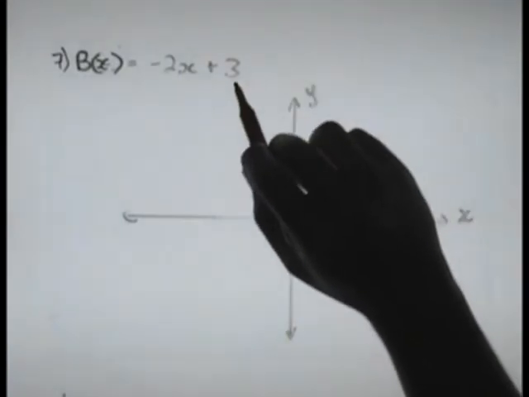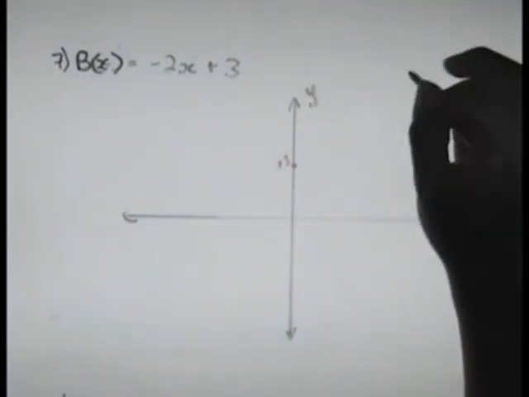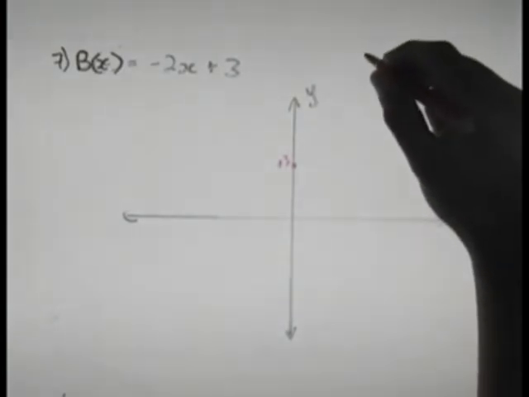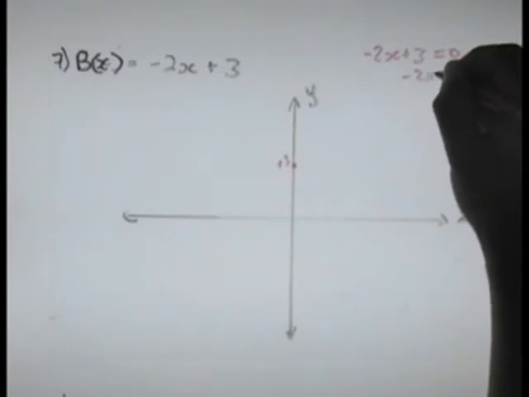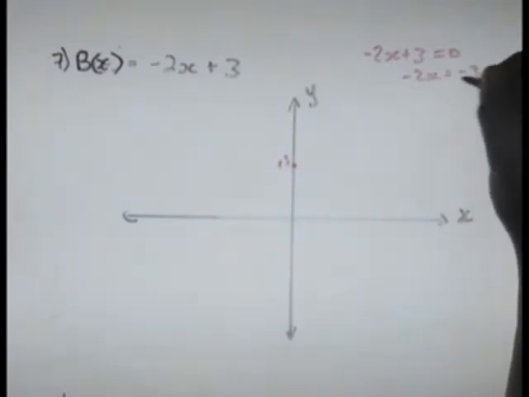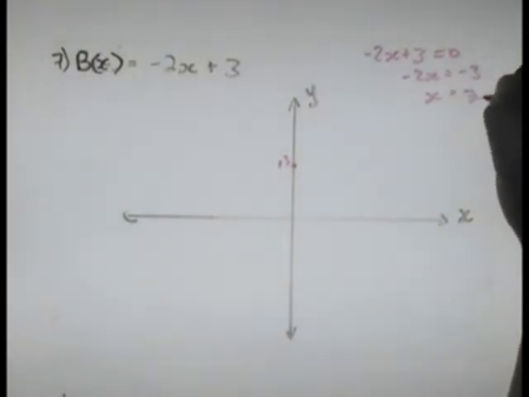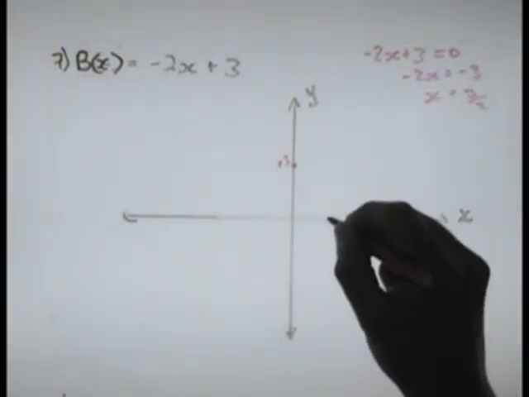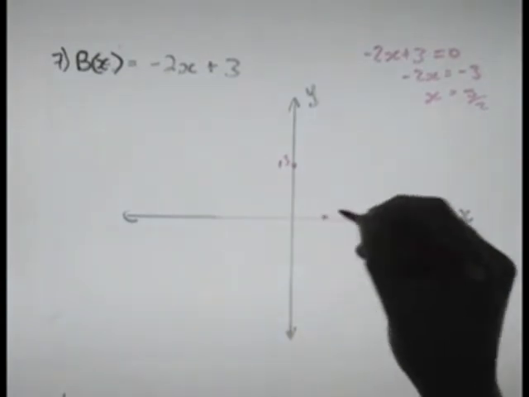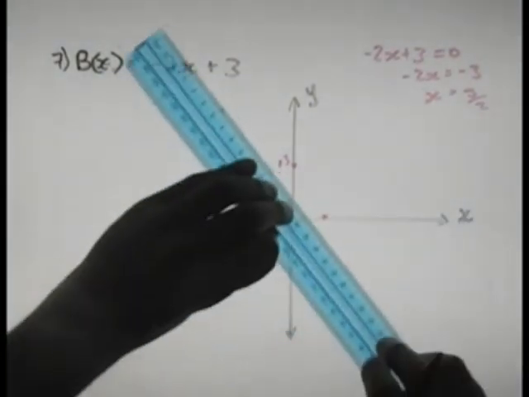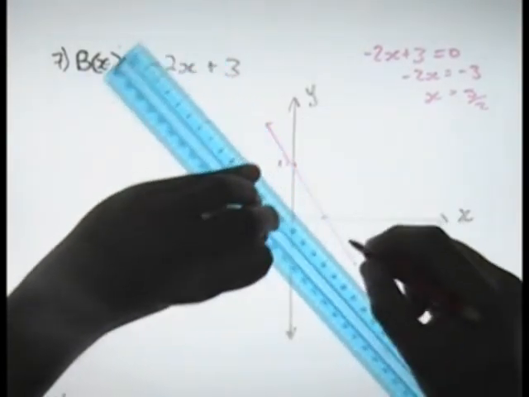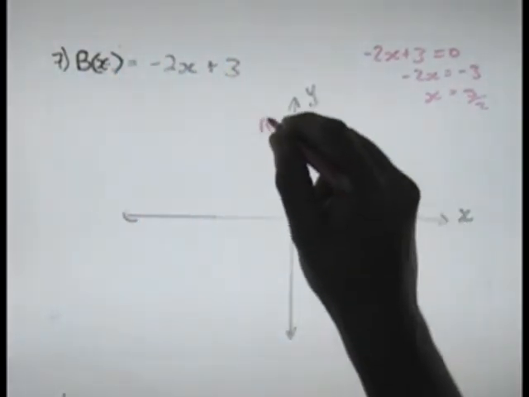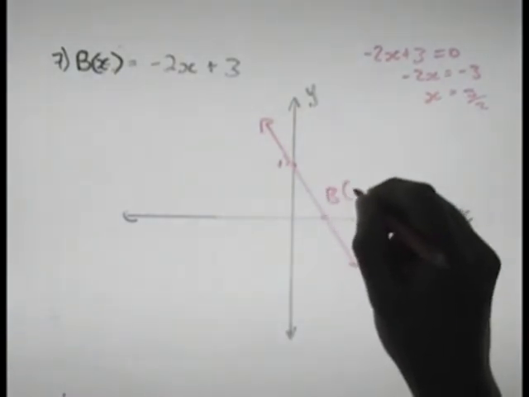And when y is equal to 0, negative 2x plus 3 is equal to 0. That means that negative 2x is equal to negative 3. x is equal to negative 3 over negative 2, which is positive 3 over 2, which is going to be somewhere over here. And then I join it up because I know that it's a straight line graph. And that is b of x.